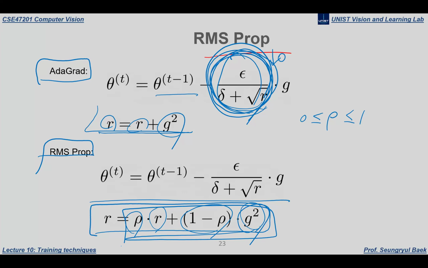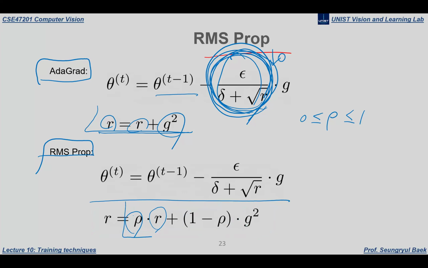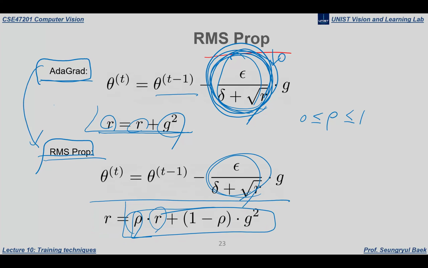Using this very easy trick, they can solve the training problem in AdaGrad. So that is actually RMSProp, the new algorithm compared to AdaGrad. Sometimes making a new algorithm is easy, but there's one innovation from here to here.